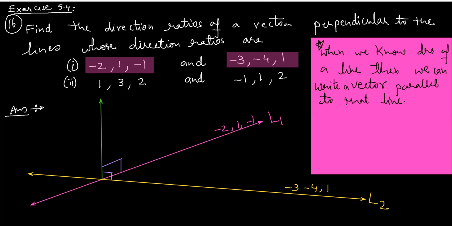I can say let A bar be a vector, and that A bar I can write as -2 i cap + 1 j cap - 1 k cap.